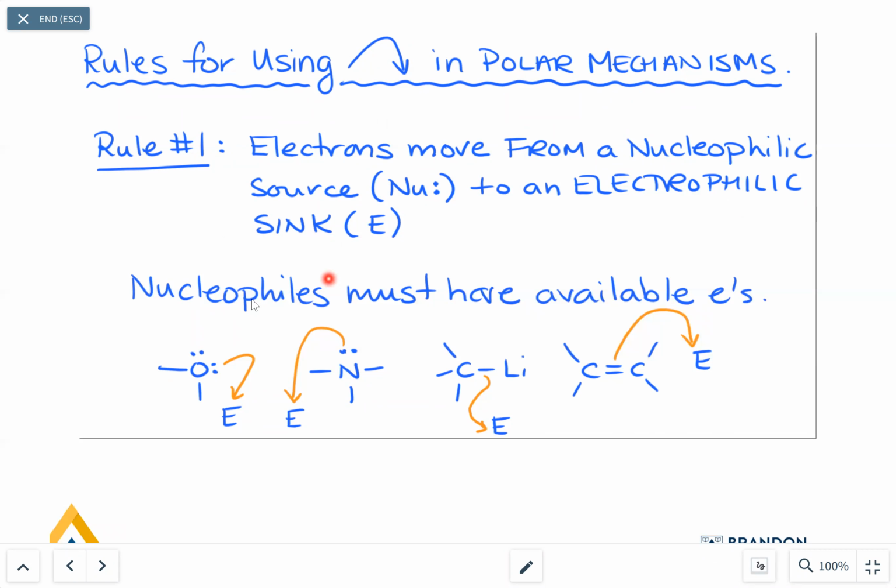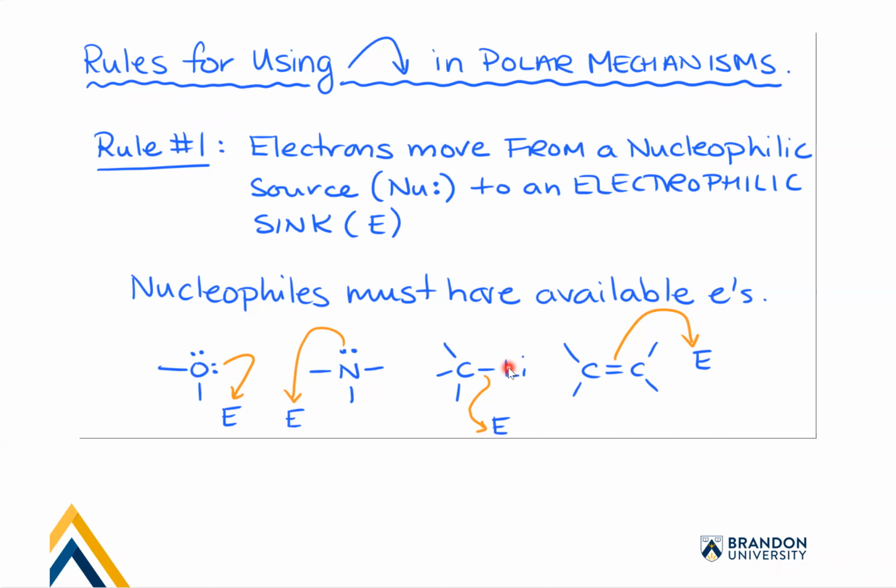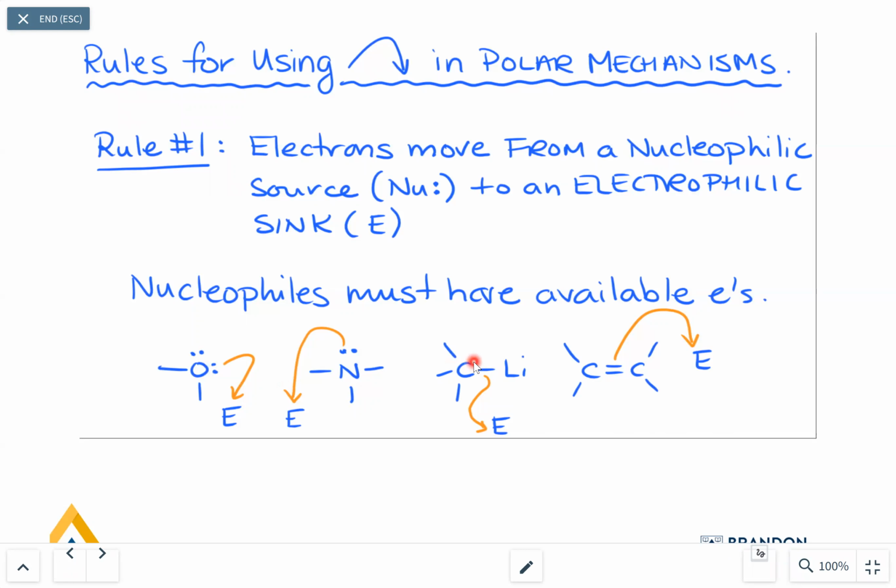The key point is that nucleophiles must have available electrons. So lone pairs, oxygen species, nitrogen species, carbon that's bonded to any electropositive atom. The example we've given the most is lithium, but this could be magnesium, another common one we'll see. Carbon with a negative charge is very, very reactive, and that's going to be a nucleophile all the time.